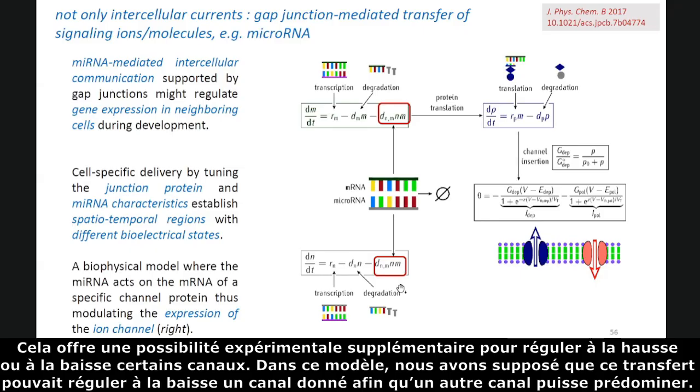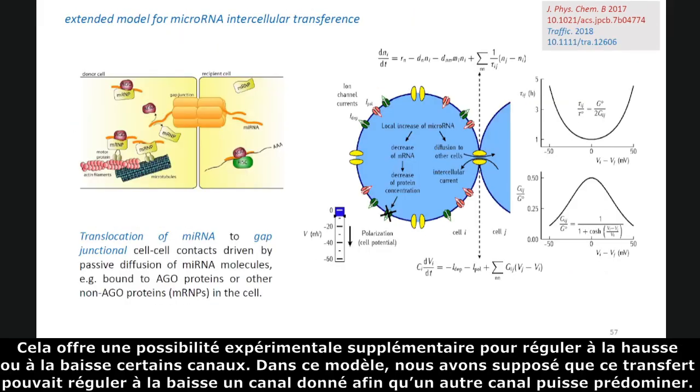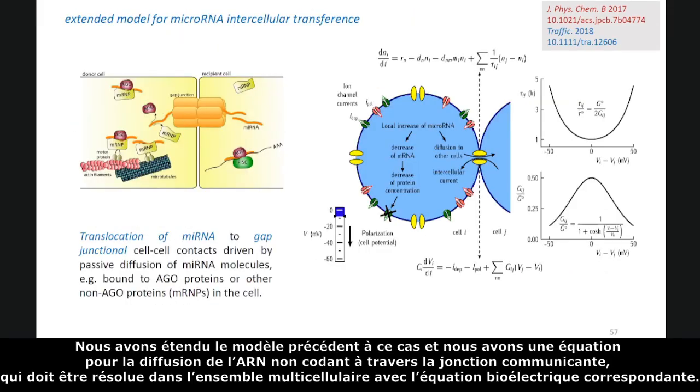In this model, we have assumed that this transfer can downregulate a given channel so that the other channel can predominate. We have extended the previous model to this case, and we have an equation for the diffusion of the non-coding RNA through the gap junction, which should be solved in the multicellular ensemble together with the bioelectrical equation.